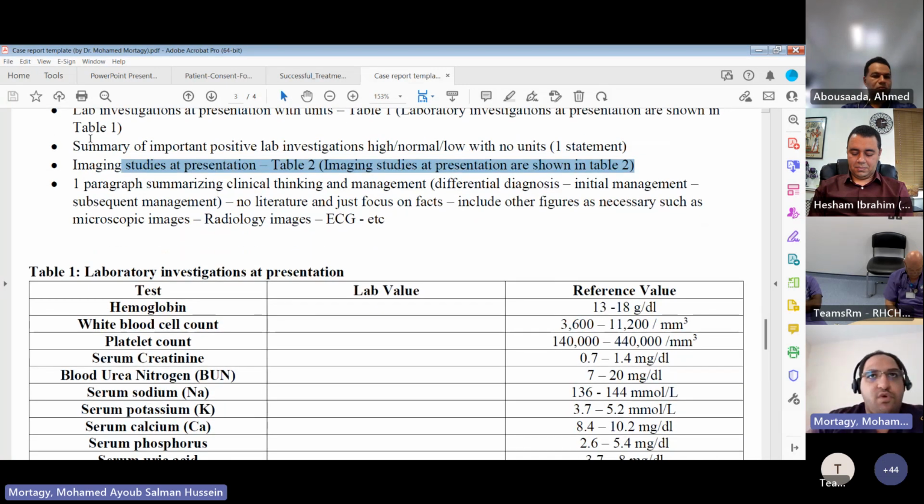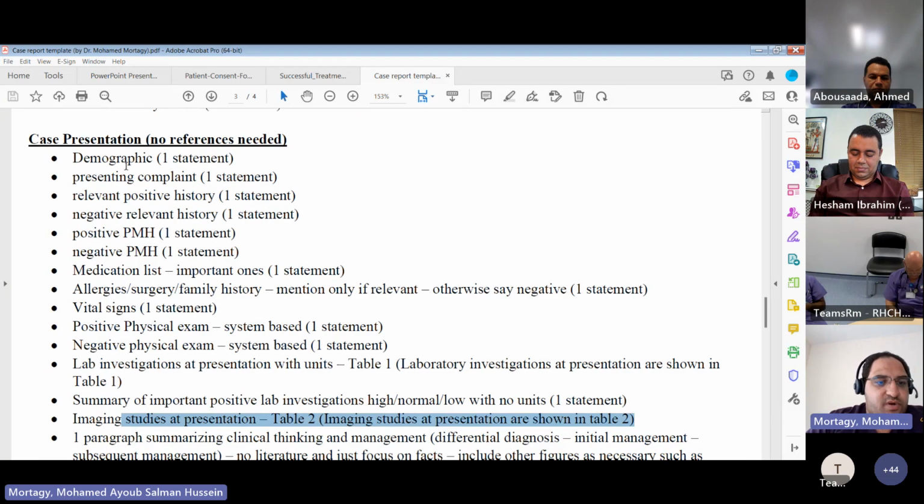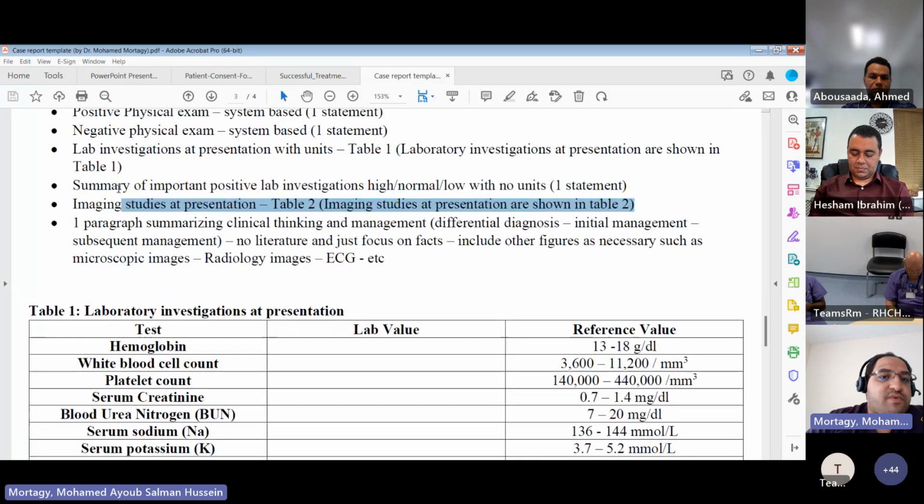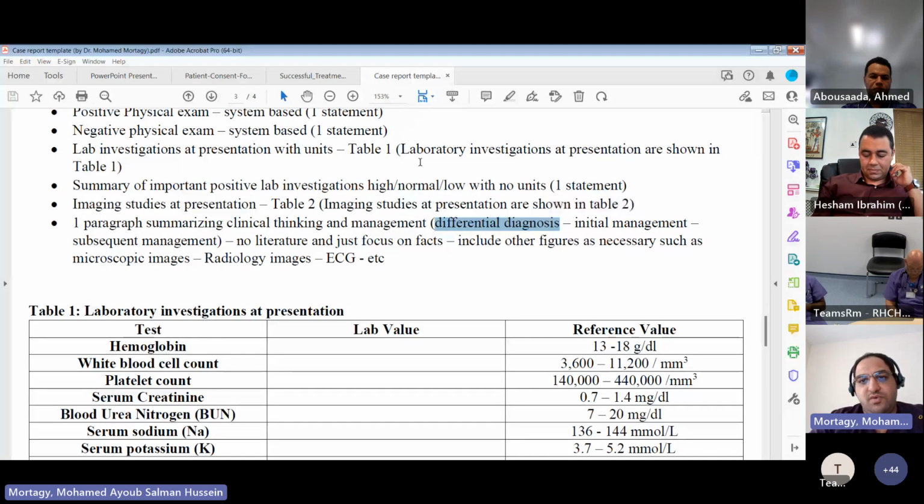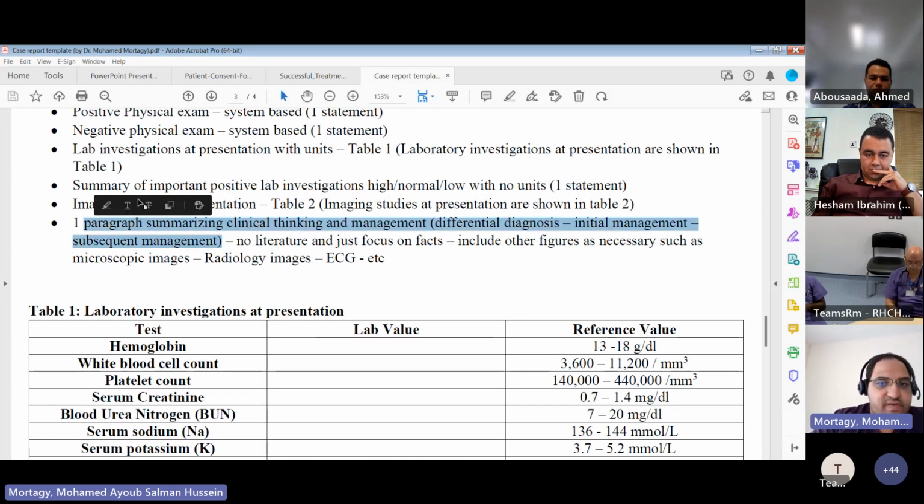And of course, if you have more figures, that will look better for your case report because publishers want to have figures and images. And then the last paragraph in your case presentation part is you summarize your clinical thinking and management. So you can say, we found this patient has this differential diagnosis, and then we've treated the patient in this way, and then this happened, and then this happened, just in one paragraph.